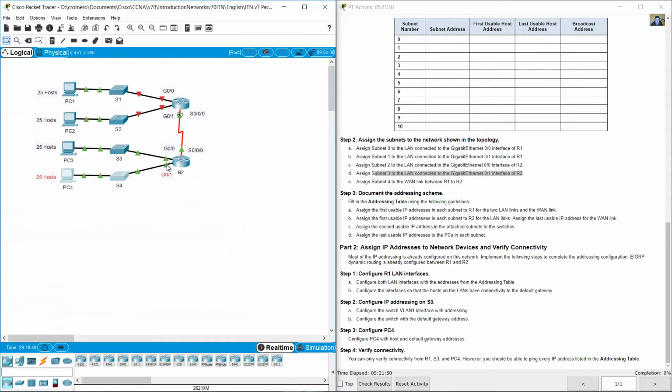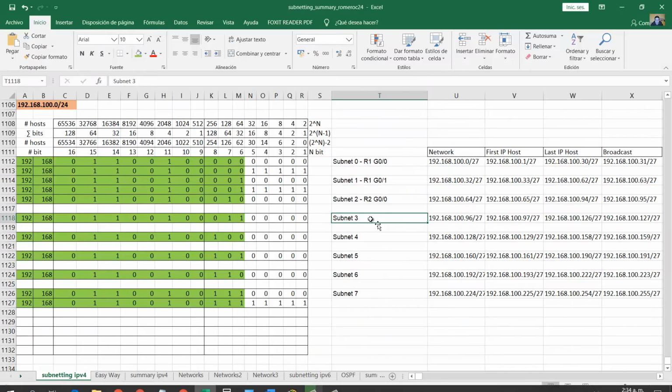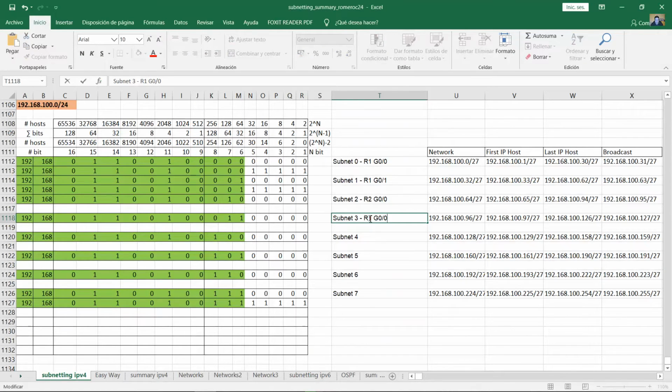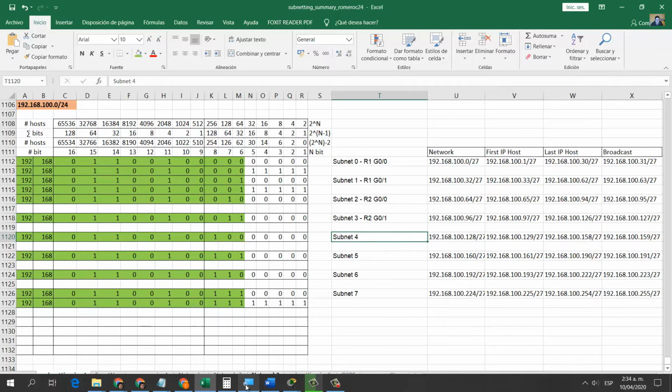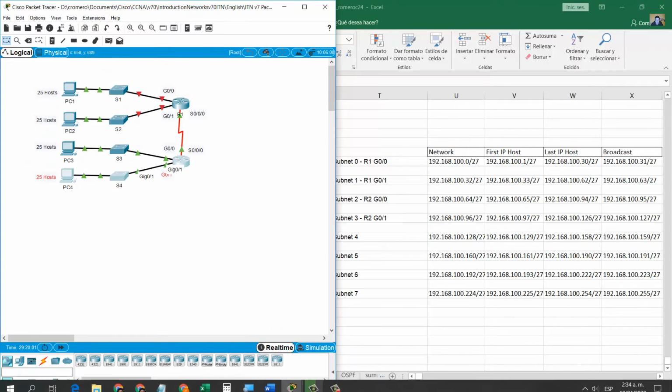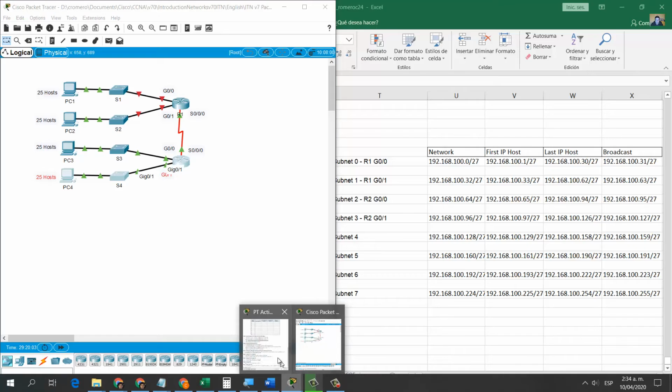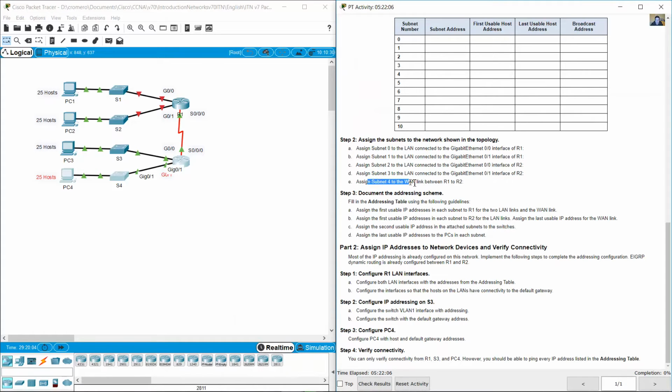This. Gigabit 0/1 on R2. Subnet 4 to the one link between R1 and R2. This.